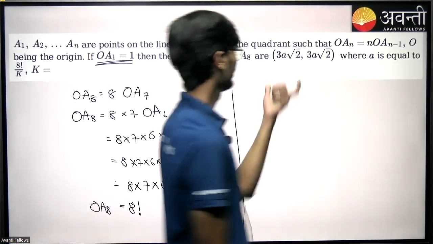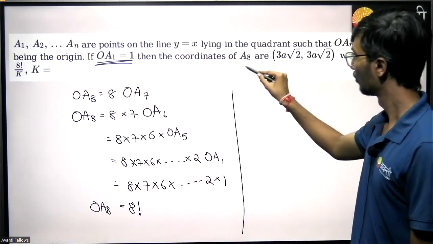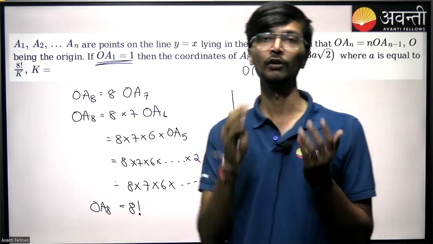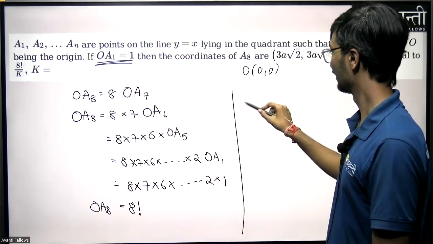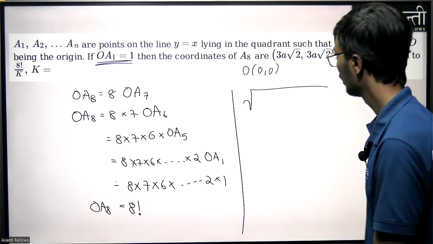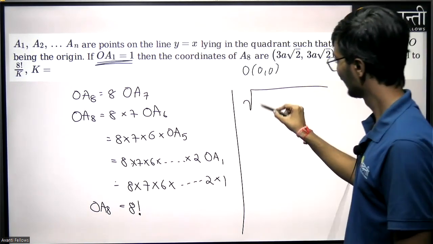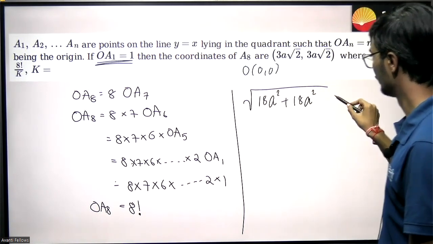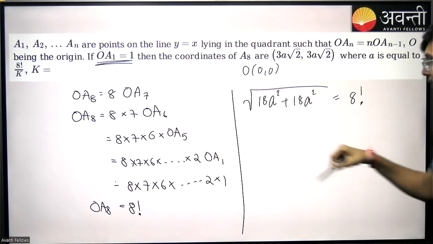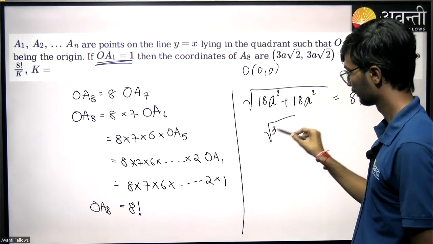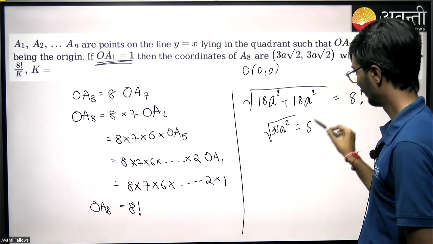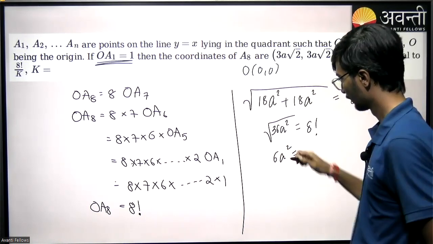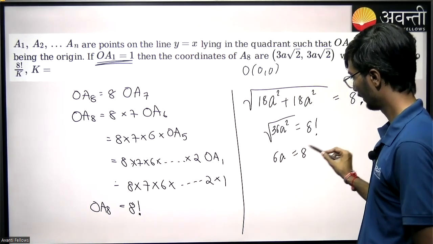Now, what are the coordinates of A8 here? What are the coordinates of O? 0, 0. We know the distance formula of OA8. So OA8 is under root of this minus this the whole square. So I guess it will be 18a square plus 18a square. The distance formula gives 8 factorial. 36a square is equal to 8 factorial squared, so 6a is equal to 8 factorial.